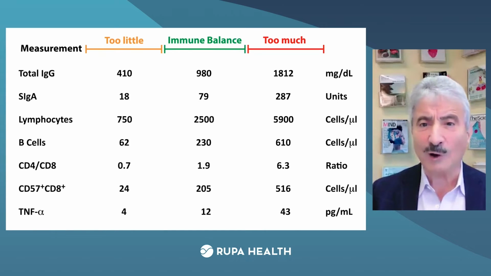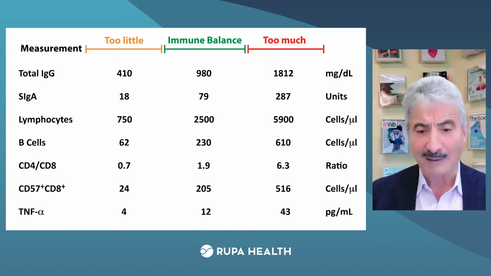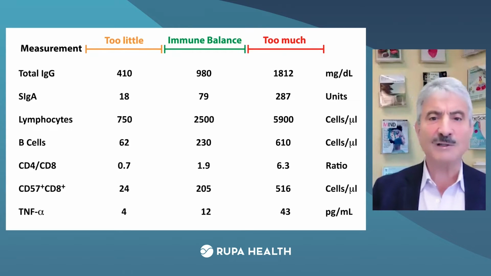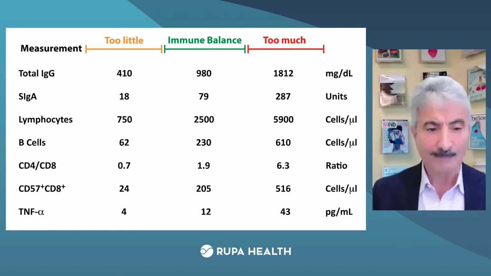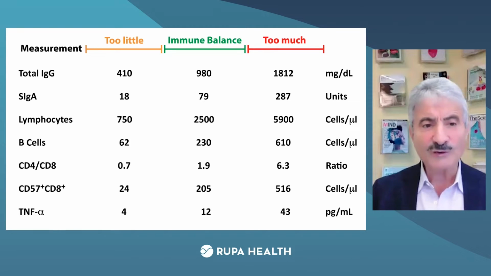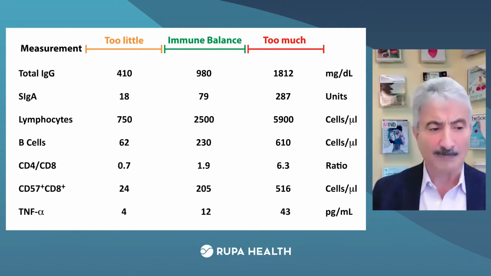When we look at cytokines such as TNF alpha, the one with hypoactivation of the immune system has low TNF alpha, the one with immune balance has a normal level of TNF alpha, and the one with hyperactivation of the immune system has too much TNF alpha. So those are the biomarkers of humoral immunity.